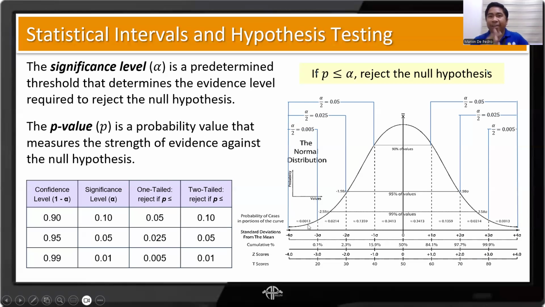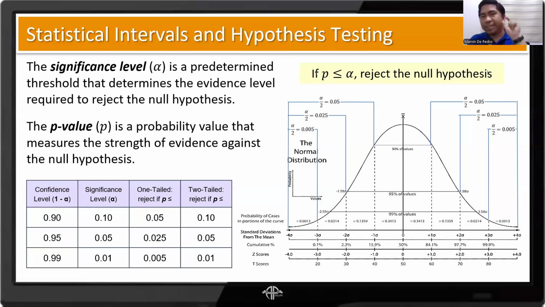And if our computed statistic falls there, that would mean we reject the null hypothesis. It's outside the range, outside the limits. Therefore we can conclude that if our p-value is lower than or equal to the significance level, we reject the null hypothesis.